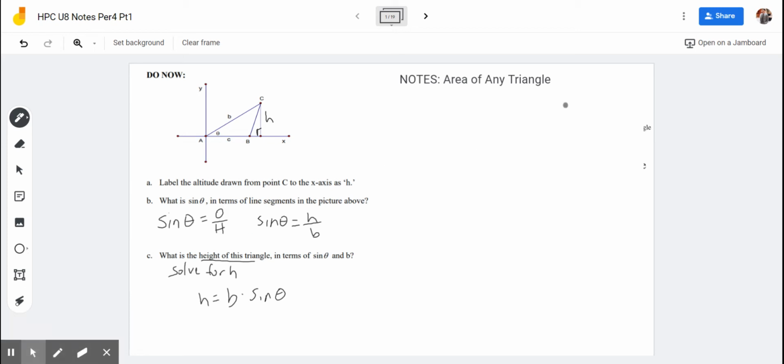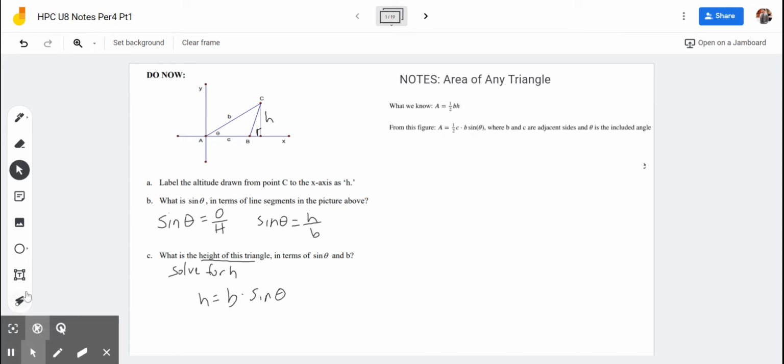What do we know about the area of a triangle? We know from all the way back in elementary school that the area of a triangle is half times base times height. So what we can do here, the base in this problem is c.